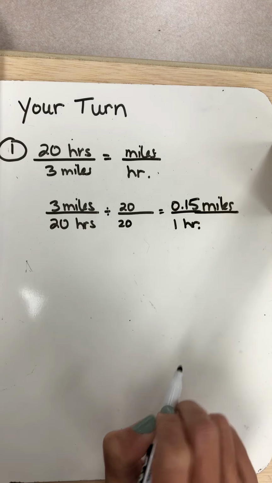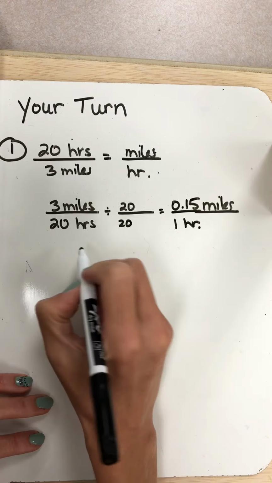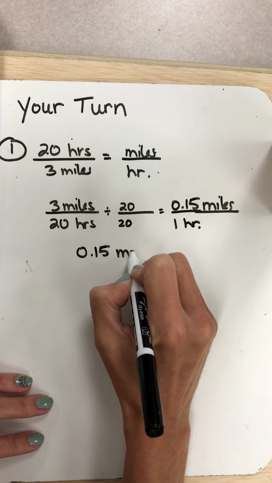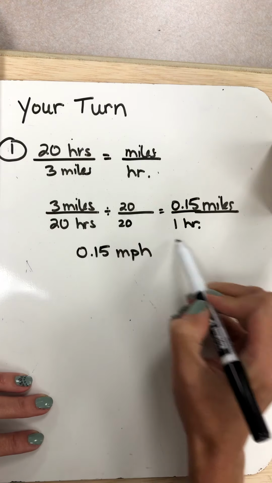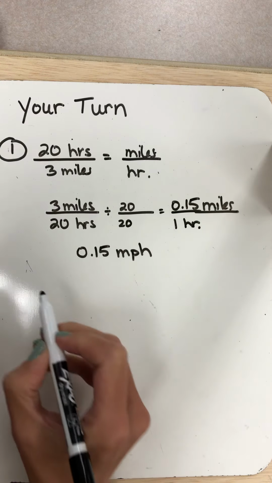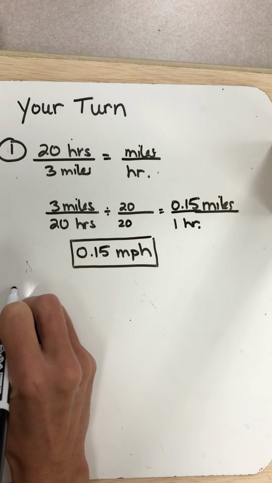And we needed to round to the nearest hundredth, and that is the nearest hundredth. So I could also write 0.15 miles per hour. You might have also seen that. This means this. They are the exact same thing.